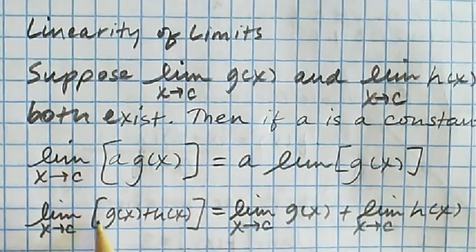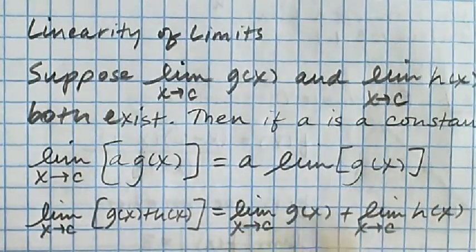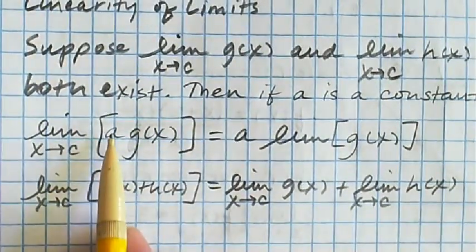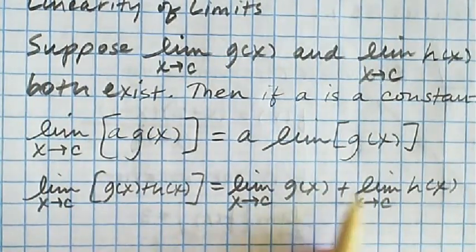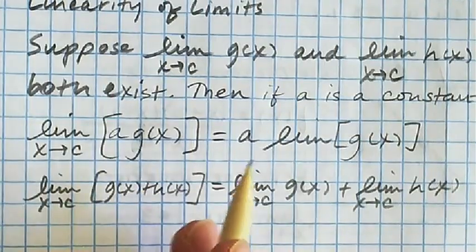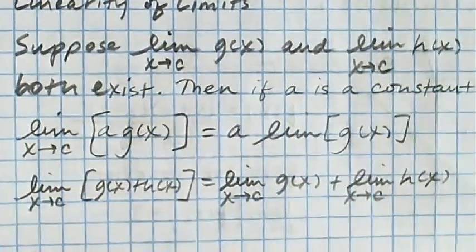The limit of the sum is the sum of the limits, provided that they both exist. Now, with a equals -1, that could give you subtraction, or any constant multiples of any of these, or linear combinations really is what I would call them.